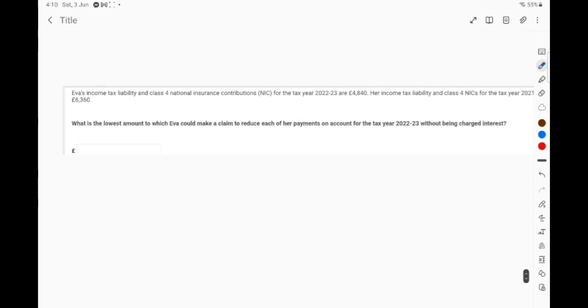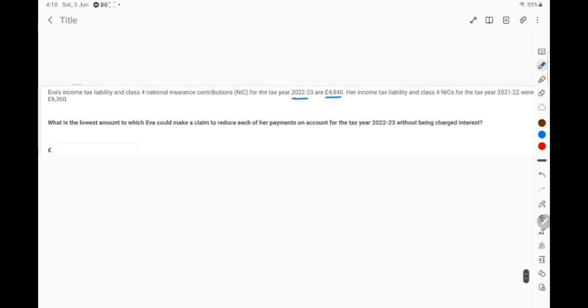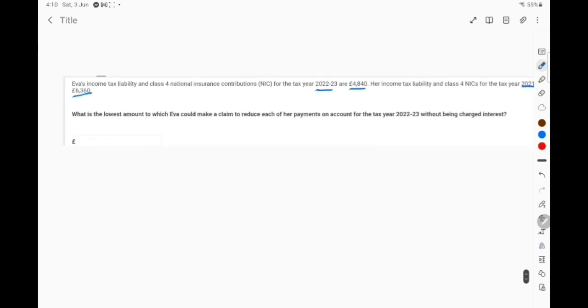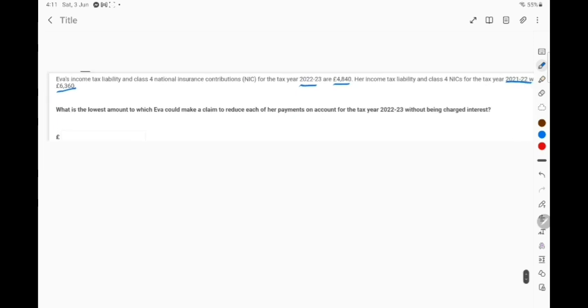And this one, Eva's income tax liability and class 4 NIC for the tax year 2022-23 are 4840. Her income tax liability and class 4 NIC for the tax year 21-22 were 6360. What is the lowest amount to which Eva could make a claim to reduce each of her payments on account for the tax year 22-23 without being charged interest?